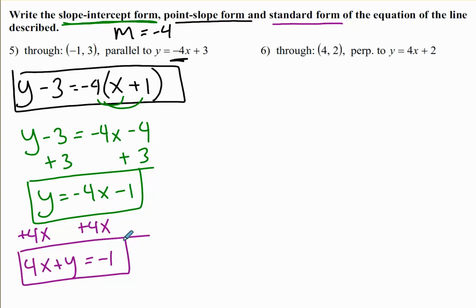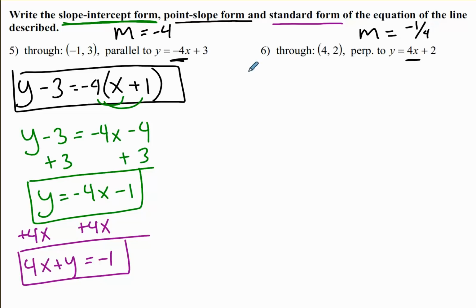Now this next one, we're going to do the same thing, except now we want it perpendicular to 4x plus 2. So perpendicular lines have slopes that are opposite reciprocals. So what's the opposite reciprocal of 4? The opposite reciprocal of 4 would be negative 1/4.